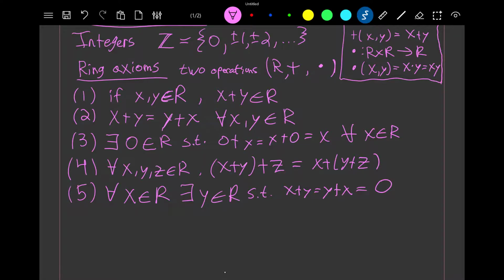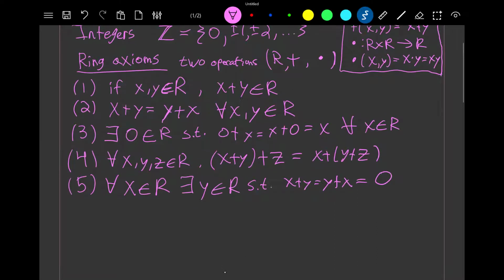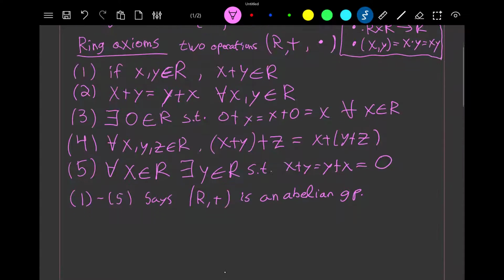And if you know any abstract algebra, all this says, axioms 1 through 5, is that R with plus is an abelian group, because these are exactly the axioms of an abelian group.